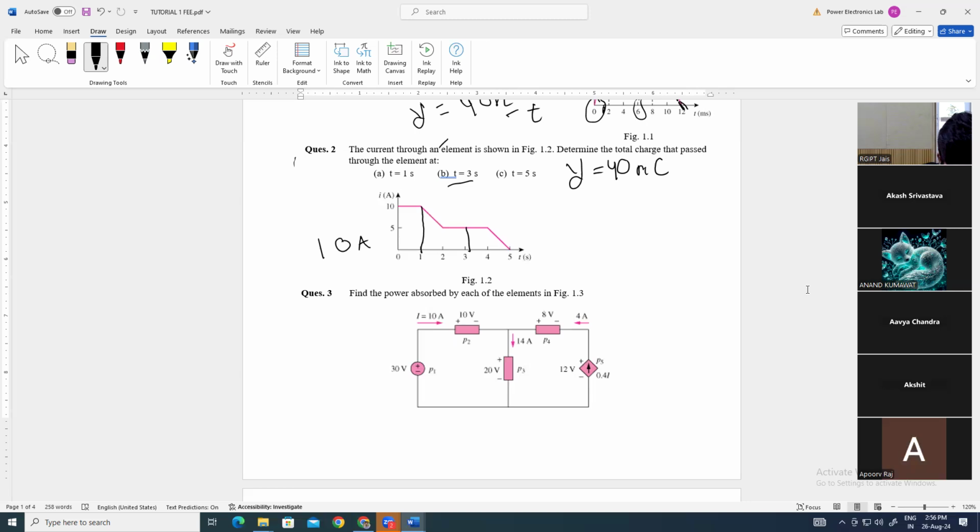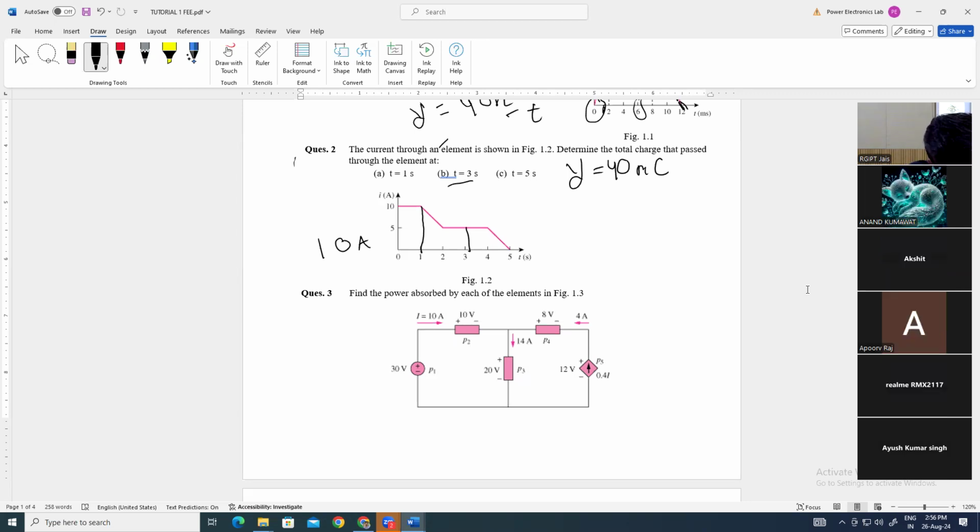Arnav Kumar, then Avinash, present sir. Okay. And then Ayush Kumar Singh, present sir. And then Gaurav Tiwari, present sir. And Ishan Singh, and Krishna Gupta, present sir.